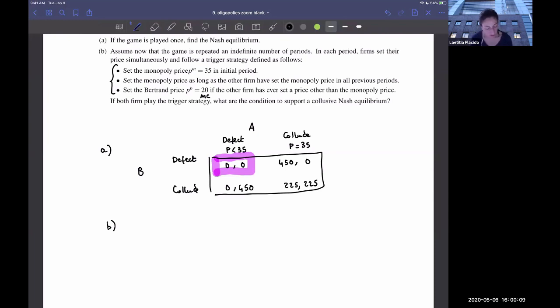So if both firms play this strategy, what are the conditions to support a collusive Nash equilibrium? What we're going to show here is that firms are actually going to collude when the game is repeated an indefinite number of periods.